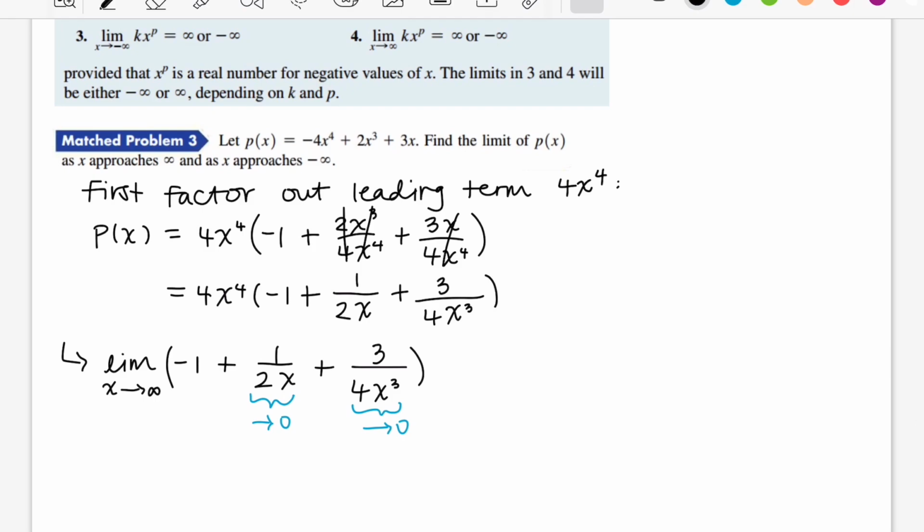Okay, so this tells us that this whole thing is pretty much equal to negative 1, right? Because the limit of negative 1 as x goes to infinity is just negative 1.